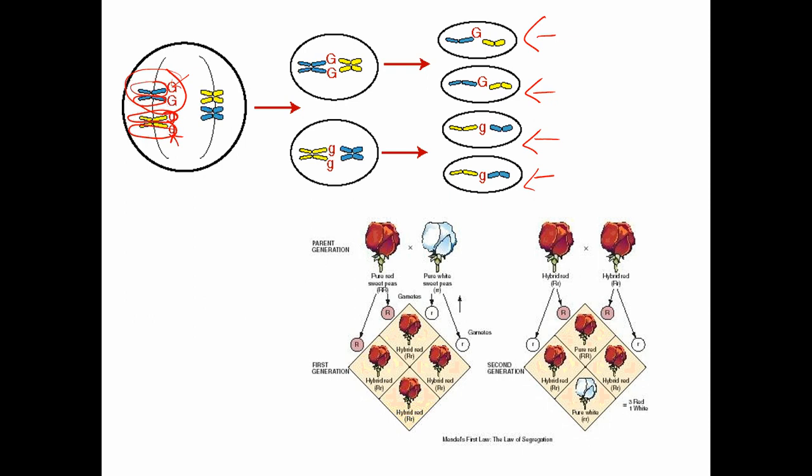If this little yellow one had a big B on it, and this one had a little b, and this one got the big B and this one got the little b, that is not necessarily always the case, because this yellow chromosome could have just as easily gone over here with this other yellow chromosome. And so you could have ended up with big G, little b, big G, little b, little g, big B, little g, big B, because those chromosomes separate during meiosis.